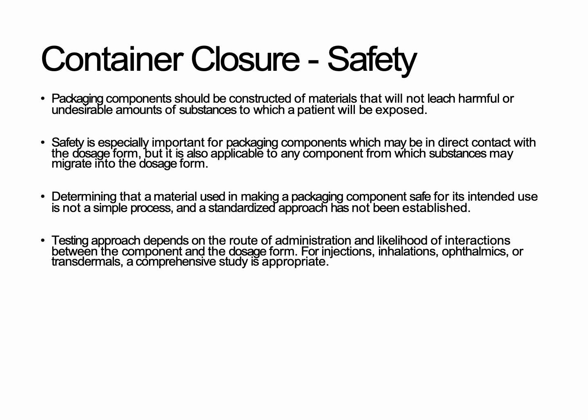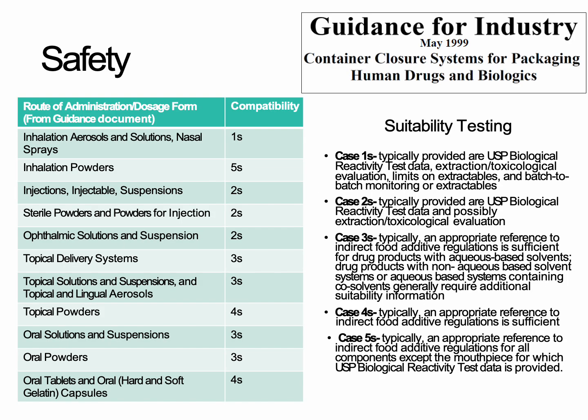Now, we understand now that we need to have testing approaches that will depend on the route of administration and likelihood of interactions between the component and the dosage form. So here, in the same guidance for industry document, we have again very similar tables, but this time this is related to the safety. And on the table on the left, we can see again different routes of administration as well as the dosage forms.